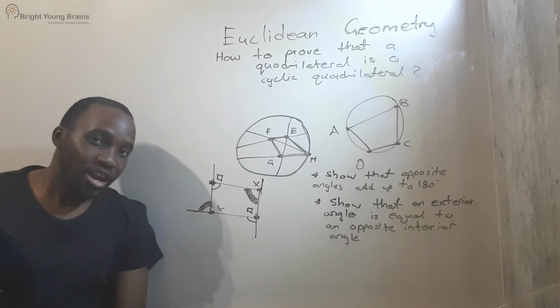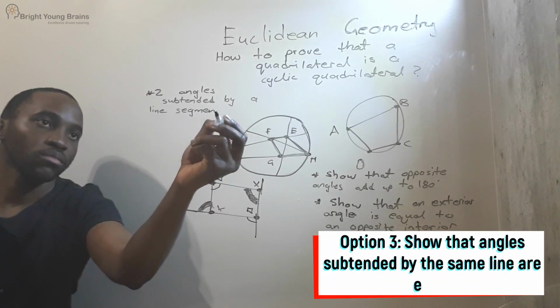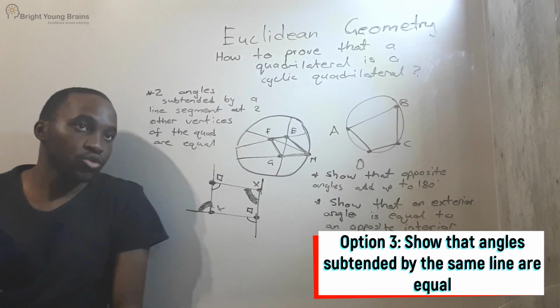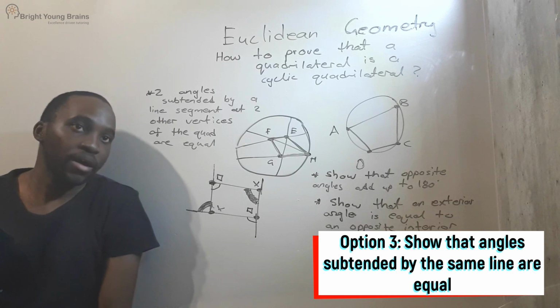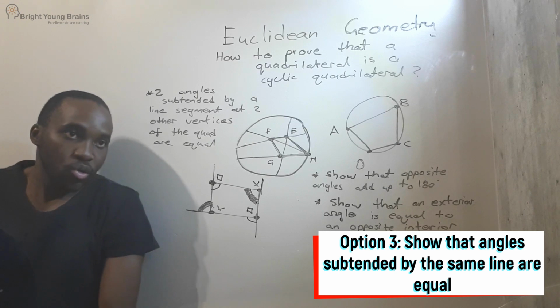The third and last way that you can use to prove that something is a cyclic quad: two angles subtended by a line segment at two other vertices of the quadrilateral are equal.